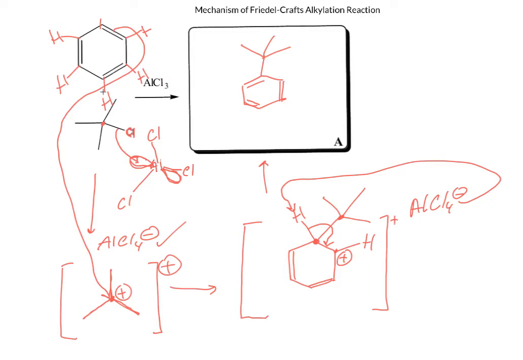We refer to this intermediate as Wheland intermediate, named after Professor Wheland from University of Chicago. And very quickly and readily, sigma bond between carbon and the hydrogen breaks, the 2 electrons collapse to where the double bond will be, restoring the aromatic character of the ring.